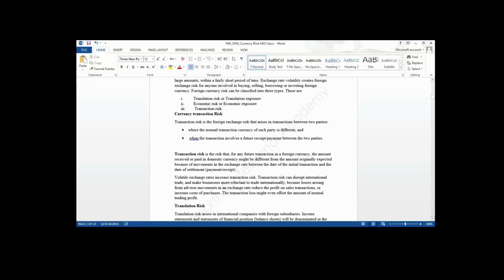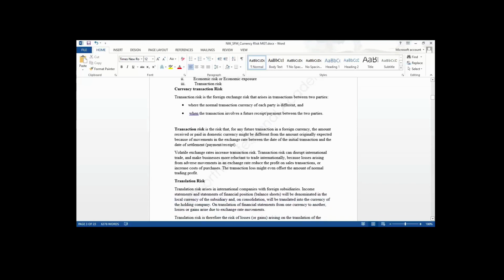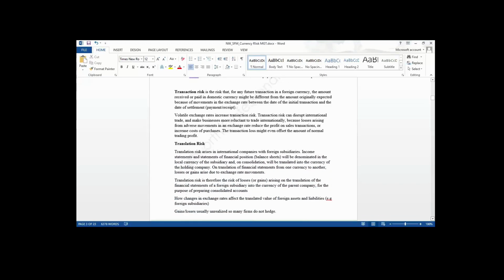Number 2, translation risk. Translation risk arises in multinational companies with foreign subsidiaries.